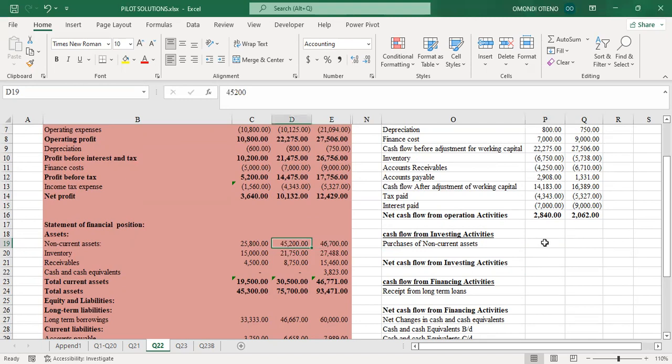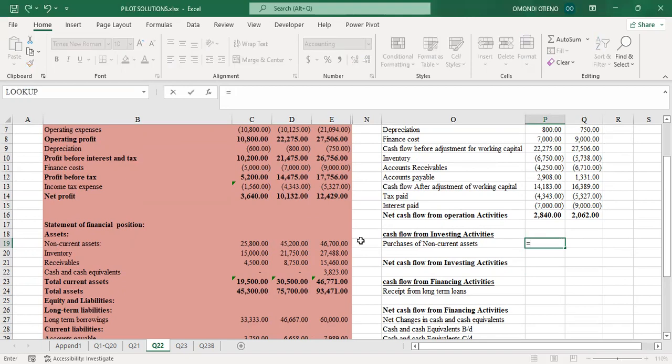So the total amount of PPE which we have for 2021 is as a result of purchase, and then we look at the effect of depreciation.